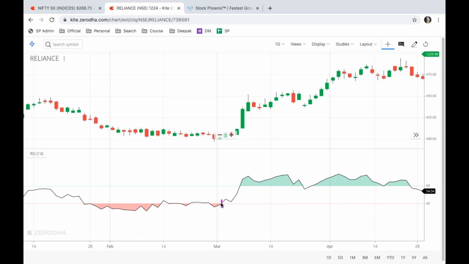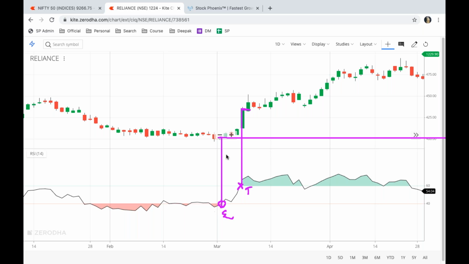This is the place we can make our entry, based on RSI 40. When you make an entry based on RSI 40, your target will be RSI 60, which is this place.